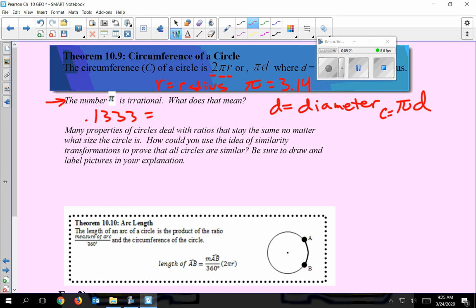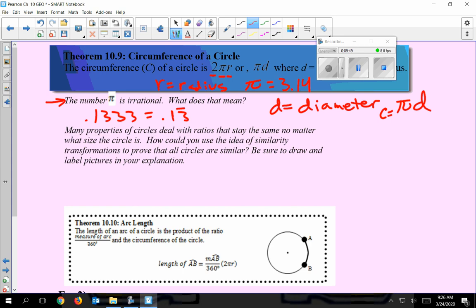So I could rewrite it as 0.13 repeating, and I could put the line over the 3. That just says it repeats. Pi doesn't repeat itself, but they have never found the end to it. It keeps calculating itself out. It hasn't repeated itself, so they determine that it's irrational. Just a trivia thing there.